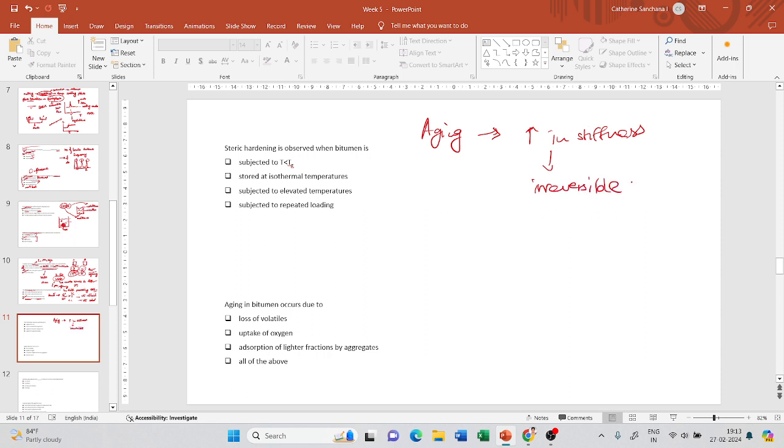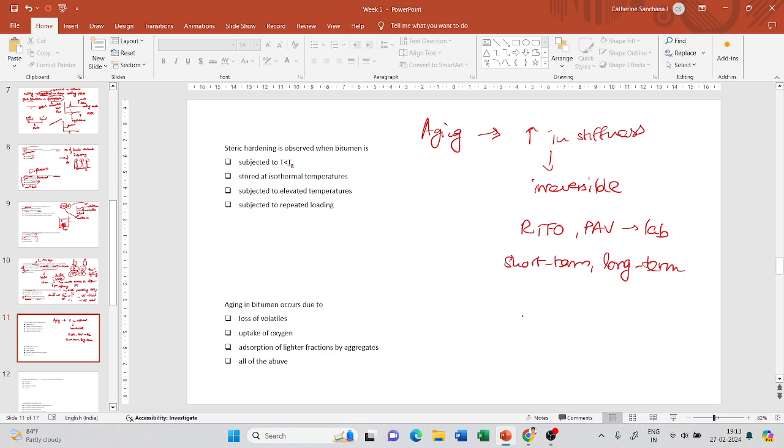And when does this chemical aging occur? The aging that we just saw, the short term aging, long term aging. So this is laboratory simulation, but let me say short term aging, long term aging, they are irreversible processes. Why are they irreversible? So how does this aging occur? It occurs due to many factors.